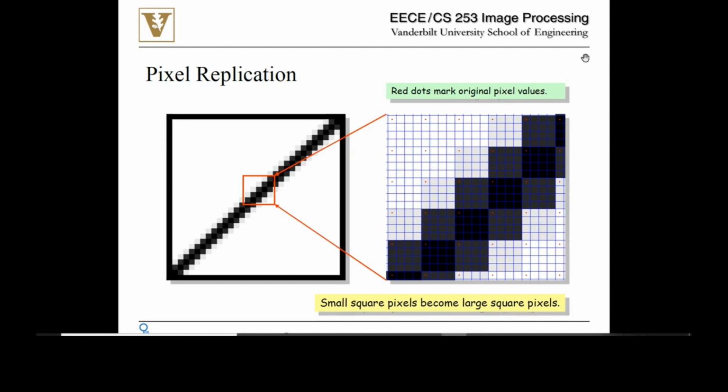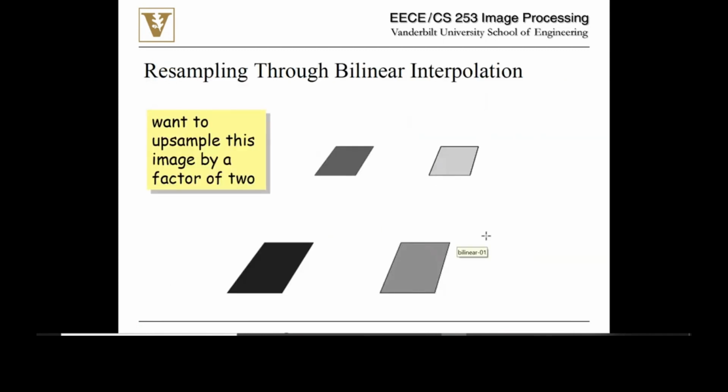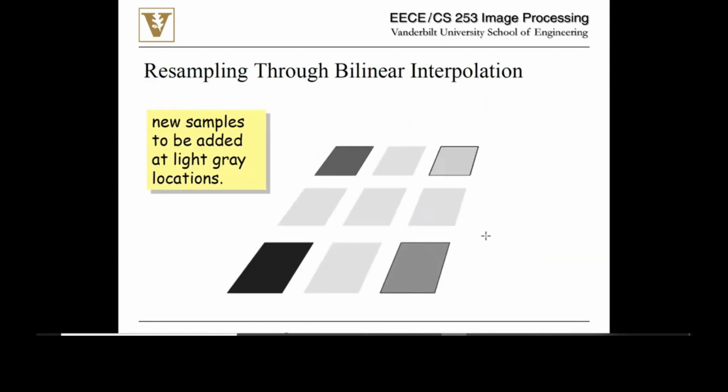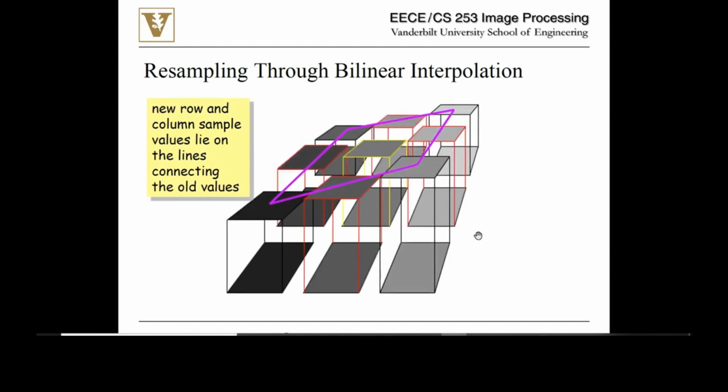These ones, the red ones. And then instead of fitting a line, the equivalent of a line in one dimension is a plane in two dimensions. So we will fit this plane, and evaluate that plane in the locations we are interested in.